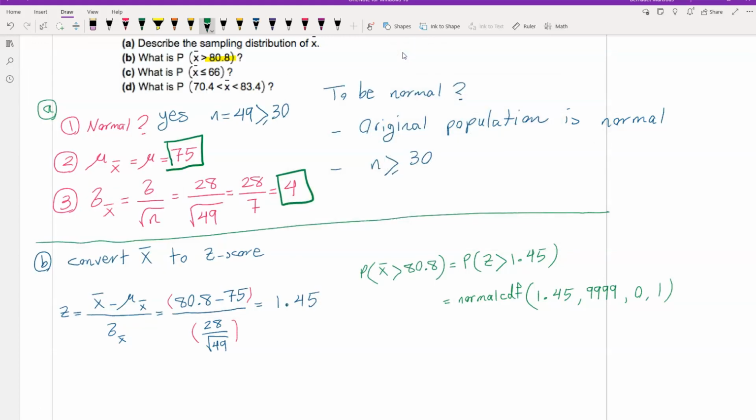If you round it to 2 or 3 decimal places, that is fine, but I'm going to round to 4 decimal places, because with a table to find probabilities we usually have four decimal places. So it's 0.0735, the answer for this part.